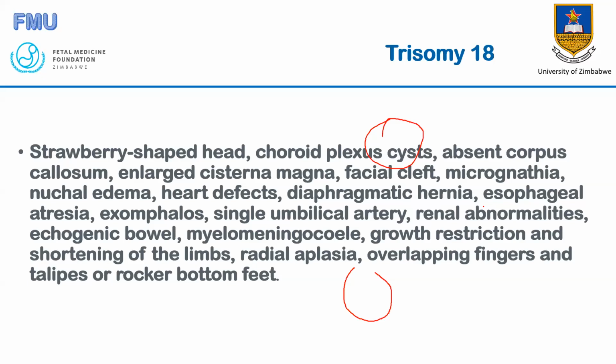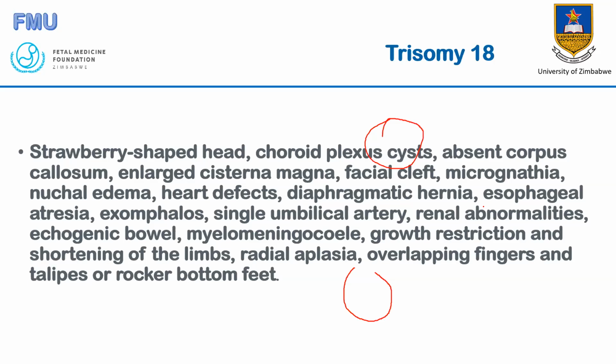Diaphragmatic hernias, the esophageal atresia, the exomphalos, single umbilical artery, renal abnormalities, echogenic bowel, myelomeningocele, growth restriction, and shortening of the limbs. And radial aplasia. Radial aplasia means there is a missing radius. This is why we always check the bones of the forearm, the radius and the ulna. We are looking for radial aplasia.